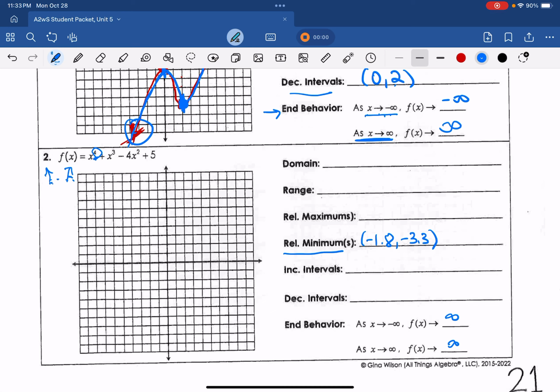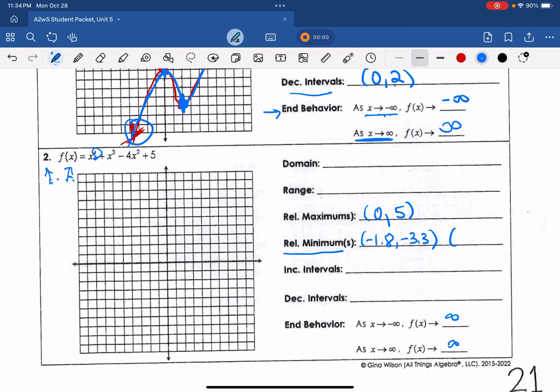So then it turns and we head up, up, up, up, up, up, up. We go to the very top and we see we get to a point, and that's a relative maximum, 0, 5. Then we use our cursor and we keep tracing to the right. And we're going down, down, down, and we get to another relative minimum.